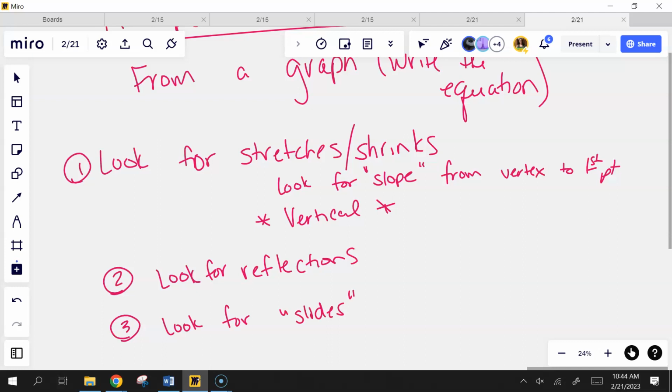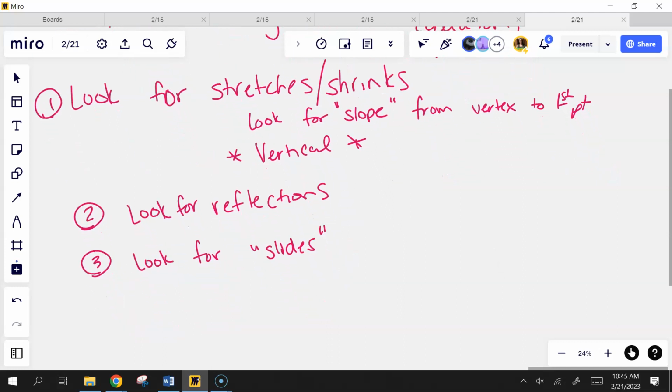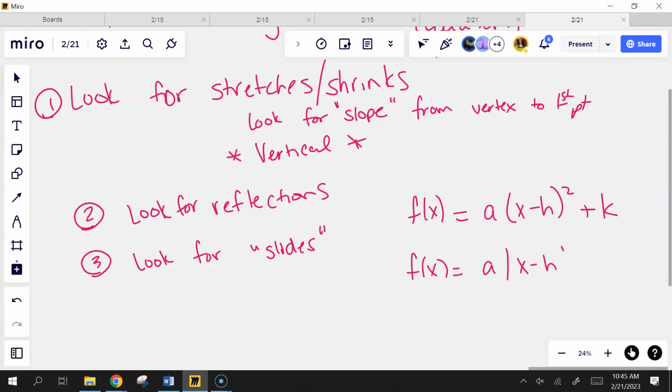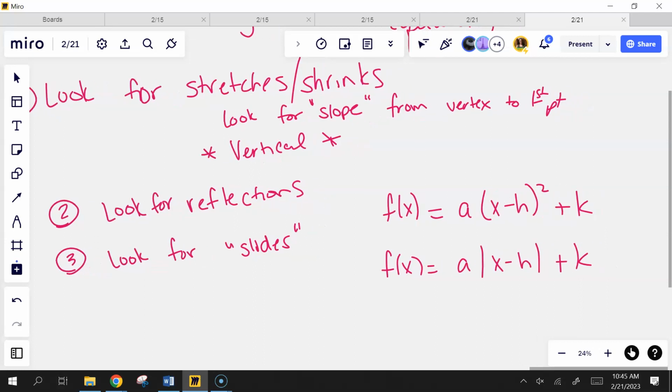And those are easy to insert in that equation. So I'm going to give you a general form here, and you've really already done this for both of these. The A here is, of course, my vertical shrink or stretch.